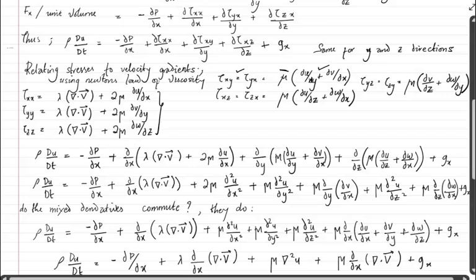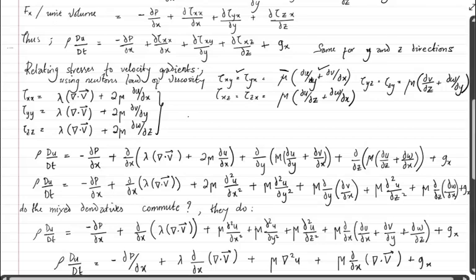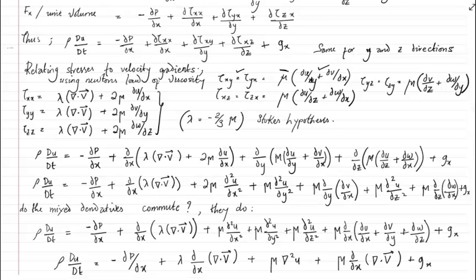Here we have tau x is equal to lambda times the divergence of V plus 2 mu du dx, where lambda is known as the second coefficient of viscosity, and lambda is usually given as minus 2 over 3 mu. So this is called Stokes hypothesis.